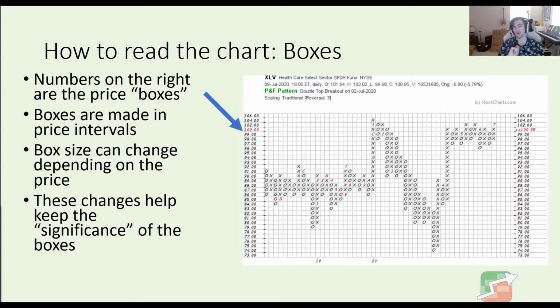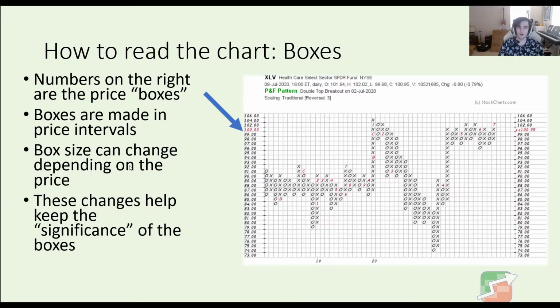The last thing I want to show you is that here we see a little red number. That is the box that we are in. So the current price of XLV when I took this chart was in the $100 box.